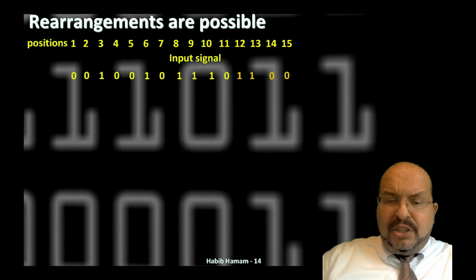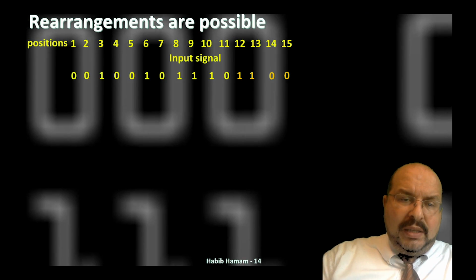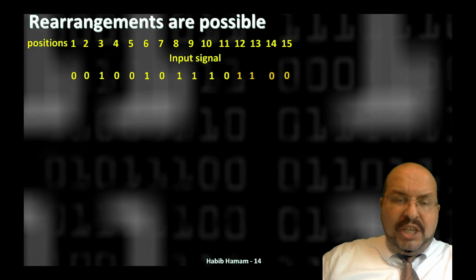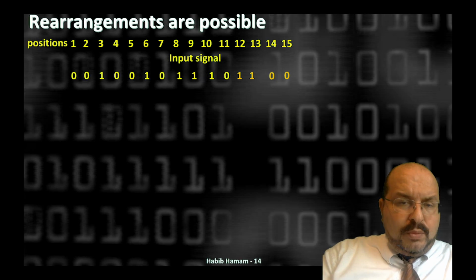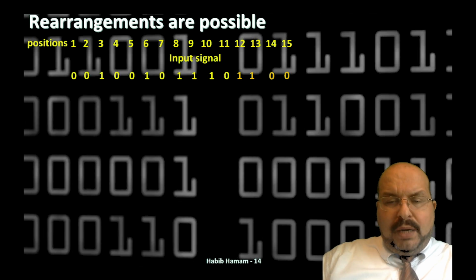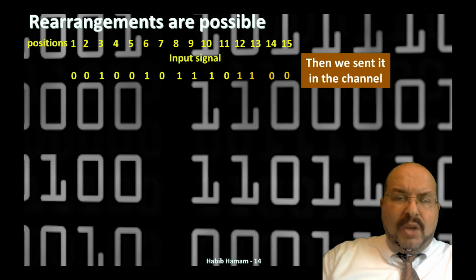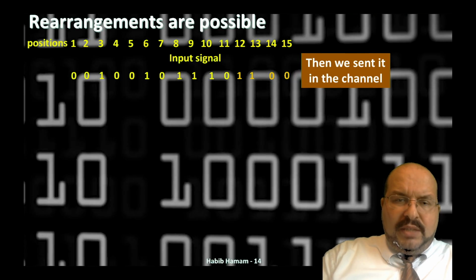We send this in the channel, and at reception, when we'd like to apply the Hamming scheme, we do the opposite. We put the redundancy bits back at powers of 2. So the situation is easy.